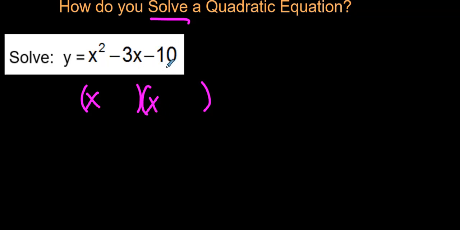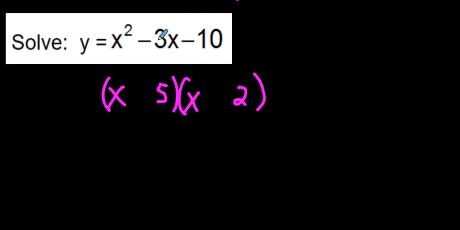Anyway, two numbers that multiply to make -10, but add up to make -3. Okay, well, we know 5 and 2 will multiply to make 10. And as far as the signs go, we want it to be a -3 when you add these up. So it's going to be -5 plus 2, and that will work nicely. Okay, remember, we're finding the zeros here in this question because we want to know what are the x-intercepts. The x-intercepts always happen when y equals 0, okay?